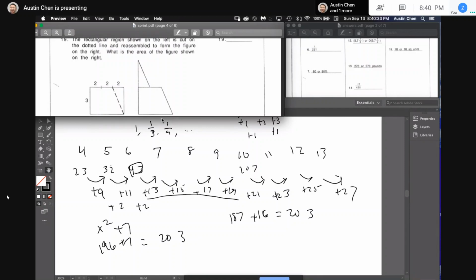So the area of this is just going to be the area of this, right? This is just a rectangle with side 3, side 6. So this area is going to be 18. We just move stuff around to get that. So the area of this is also going to be 18.